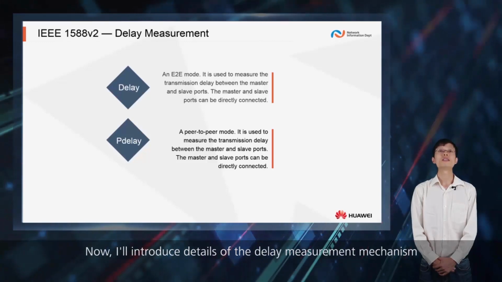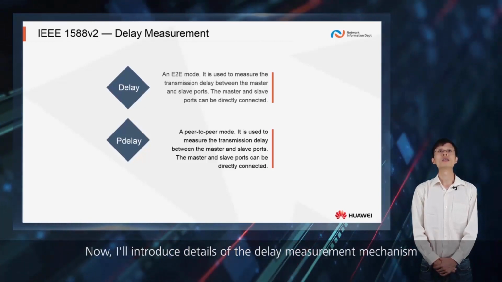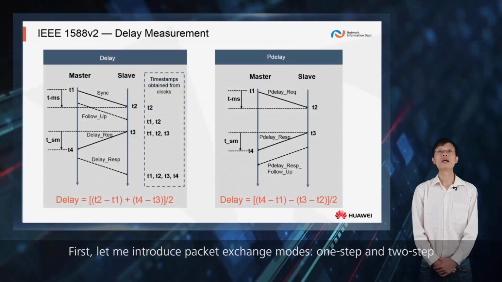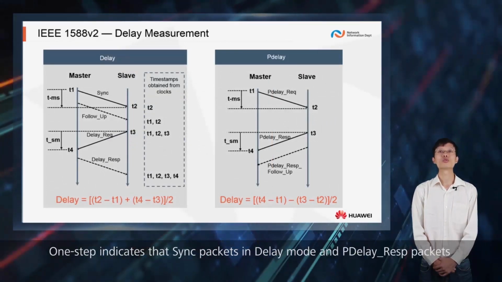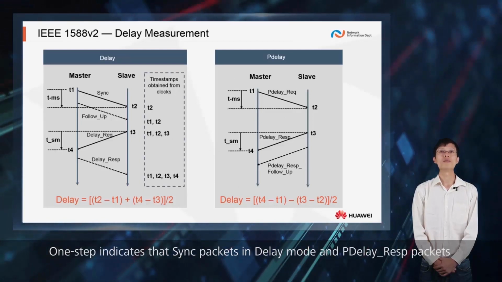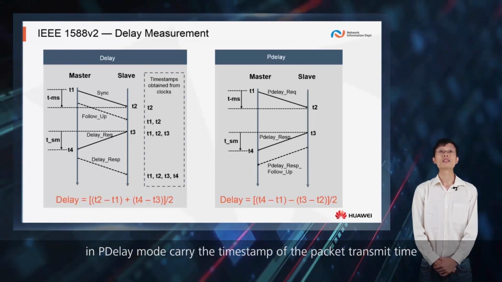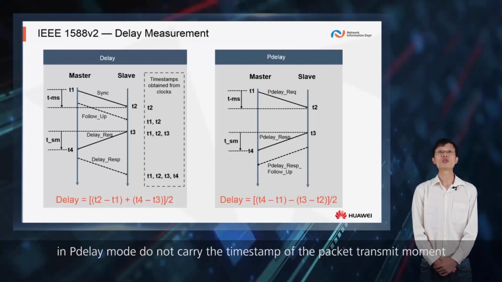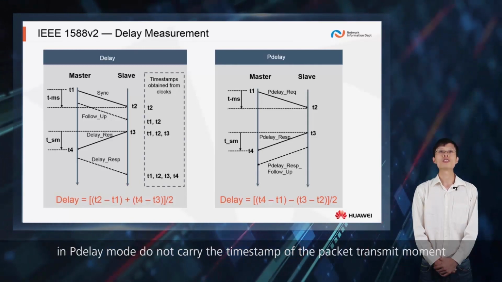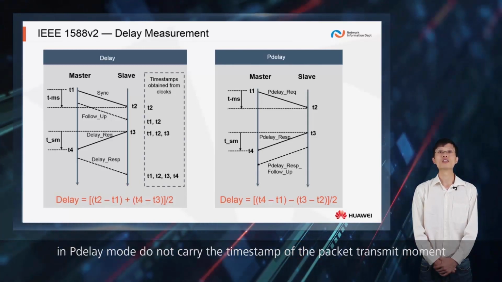Now I'll introduce details of the delay measurement mechanism. First, let me introduce packet exchange modes, 1-step and 2-step. 1-step indicates that sync packets in delay mode and P-delay response packets in P-delay mode carry the timestamp of the packet transmit time. 2-step indicates that sync packets in delay mode and P-delay response packets in P-delay mode do not carry the timestamp of the packet transmit moment.